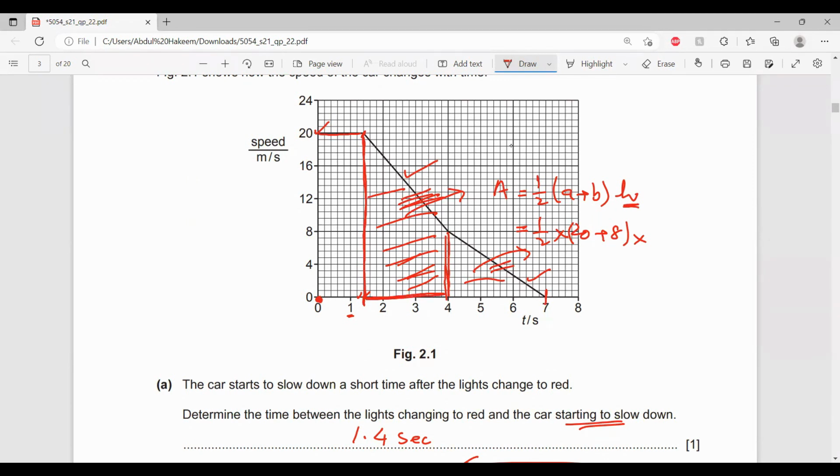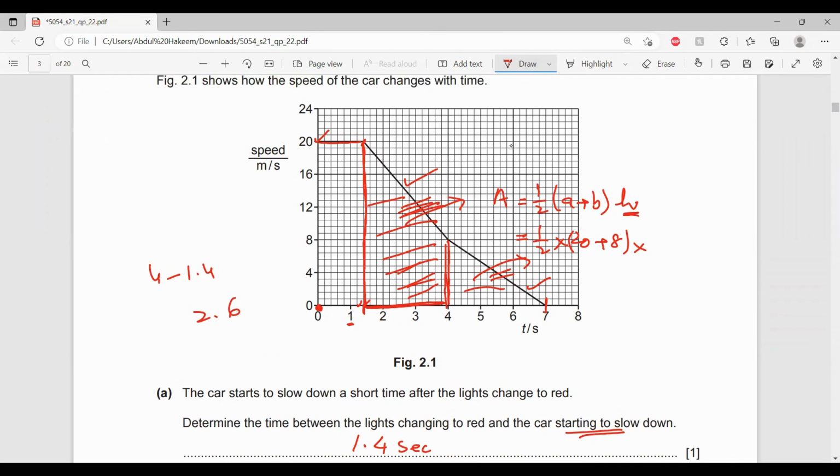So this is the height, it is 4 minus 1.4, so it's 2.6. So multiply by 2.6. So we will calculate the area of this trapezium first. And next, we have to calculate the area of the triangle.